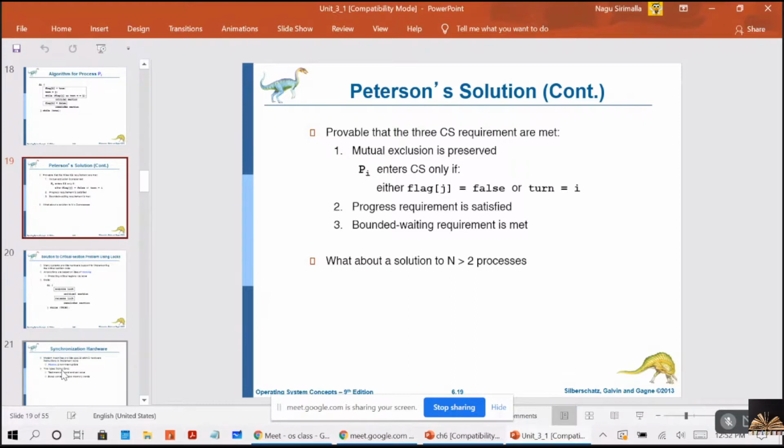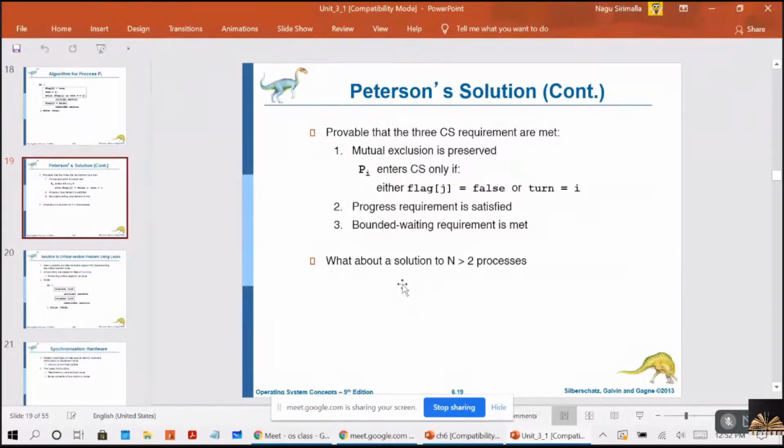So when one is going into the critical section, it has to be working on the critical section, it has to perform some operations on the data items in the critical section, right? So that is satisfying the progress. And what is bounded waiting? When Pi is entering the critical section, now Pj has to wait.